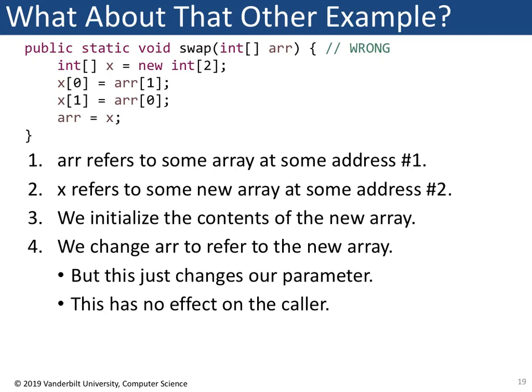And we initialize the contents of the array to be element 1 from ARR and element 0 from ARR. But then we change ARR so that it no longer refers to address 1 and instead refers to address 2. So this changes our parameter but has no effect on the caller, because we're not actually changing the object in memory. Here we're just changing the address stored in ARR.